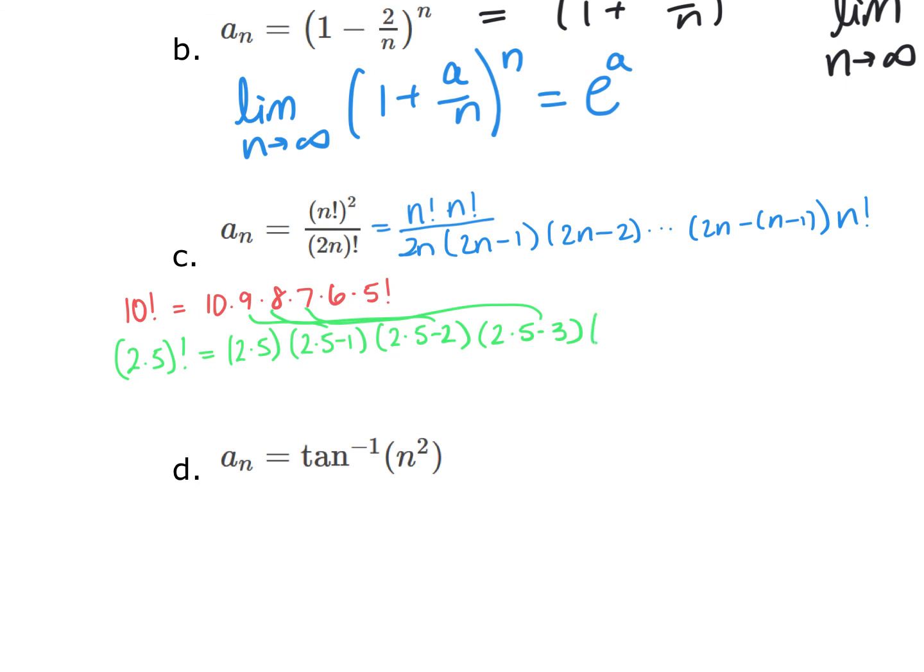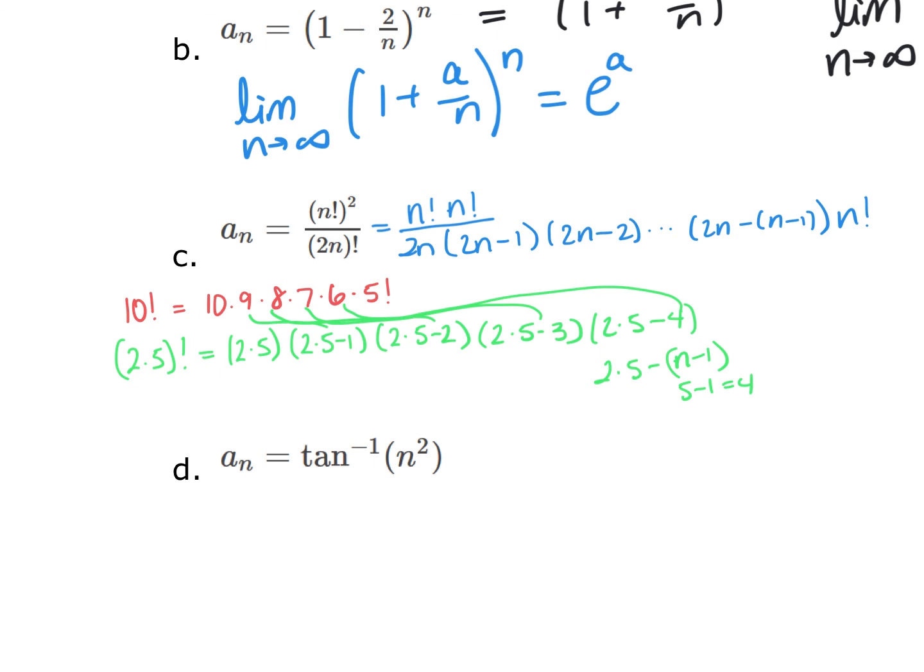The next one would be 2 times 5 minus, and it would be minus 4. But I can also write this, instead of saying minus 4 to give me 6, right? Because that'll give me 6. I can write this one as 2 times 5 minus my n minus 1, because 5 minus 1 is equal to 4.